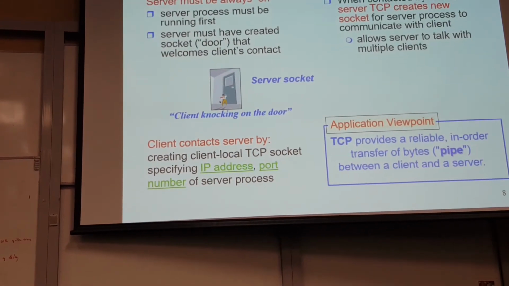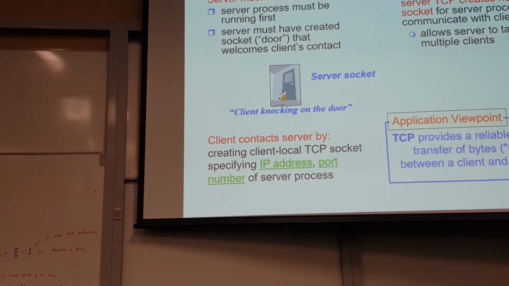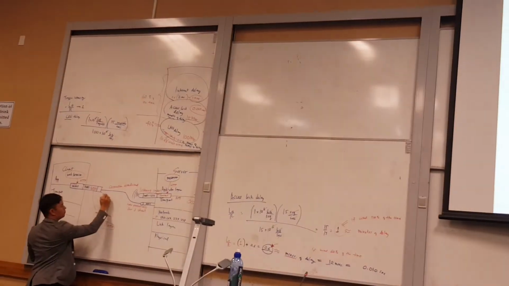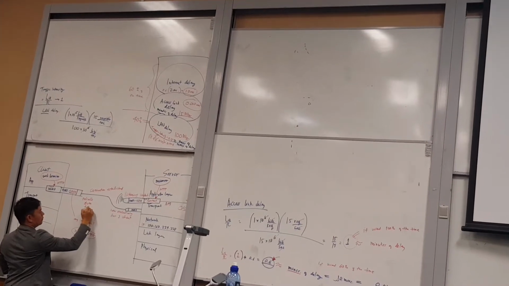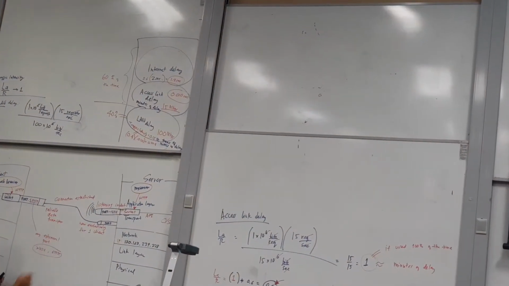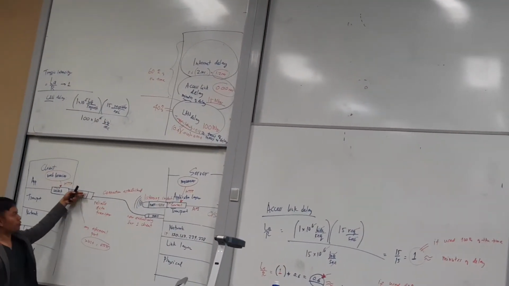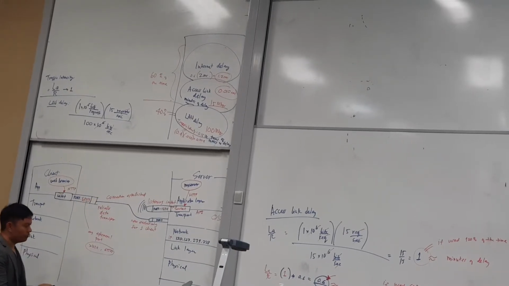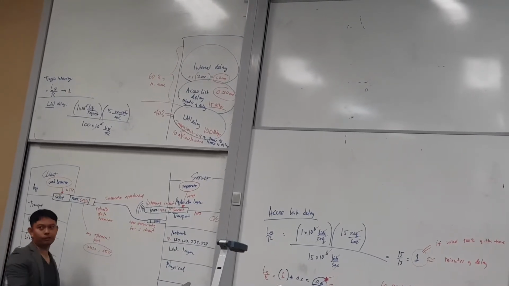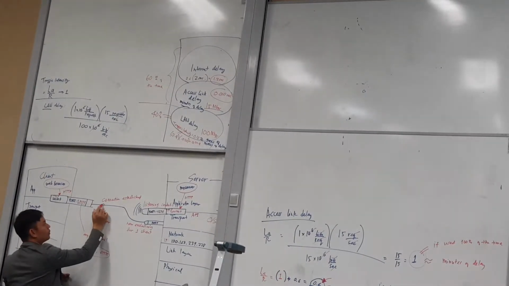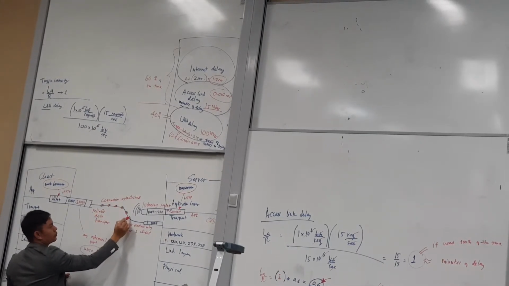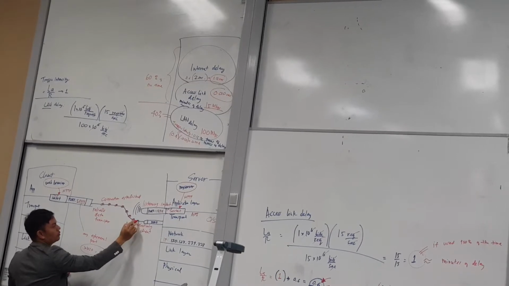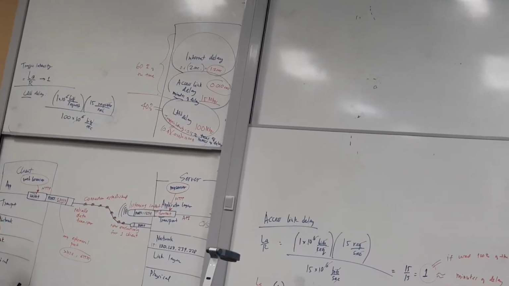TCP provides for reliable data transfer. If, for instance, you're transmitting some packet here, you know that the connection is not a direct connection like that. It's going to go through several routers, right? Maybe you're trying to contact a server in the US. Maybe 30 hops.